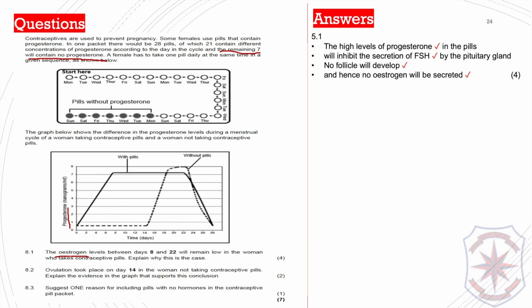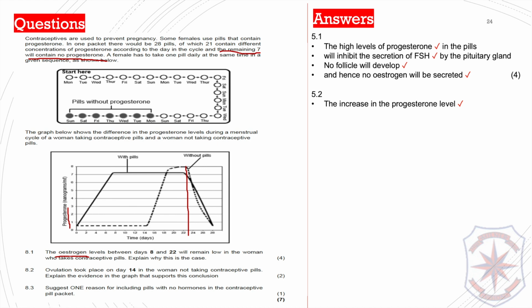One of the indicators is progesterone levels that are dropping any day beyond day 22. So progesterone, the answer is an increase in progesterone levels.